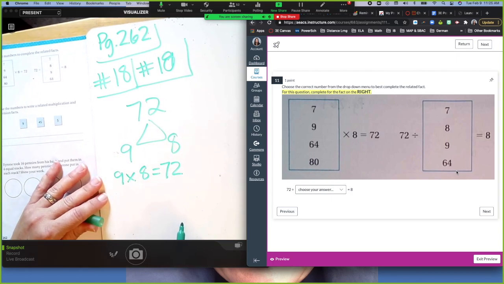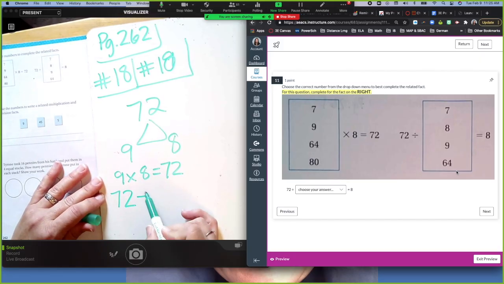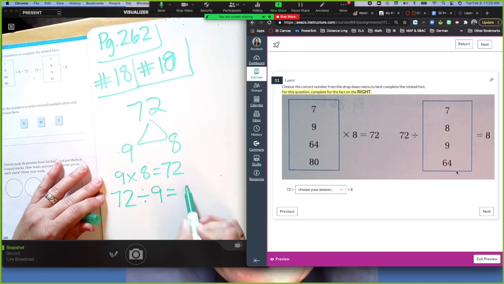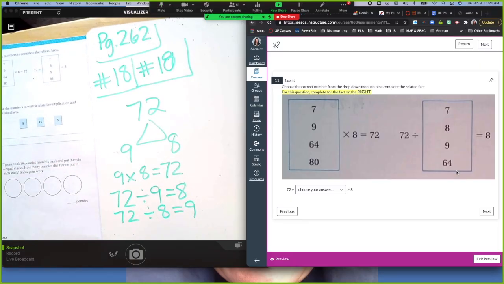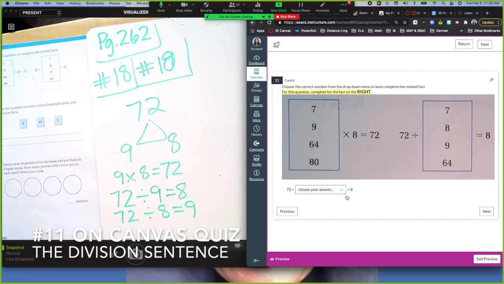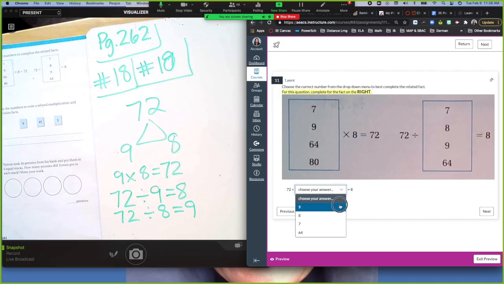But if you turn it into the division related fact, putting that whole number, that biggest number, 72 first, you could do 72 divided by 9 equals 8, or 72 divided by 8 equals 9. So we just have to look at our drop-down menu here. 72 divided by, it's got to be 9 because they gave us the answer is 8.